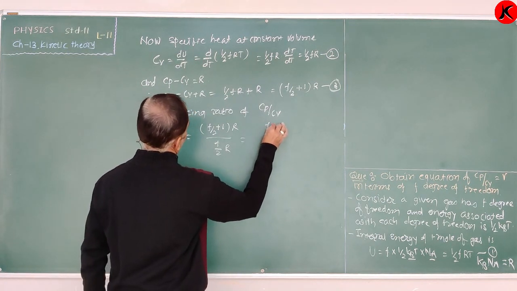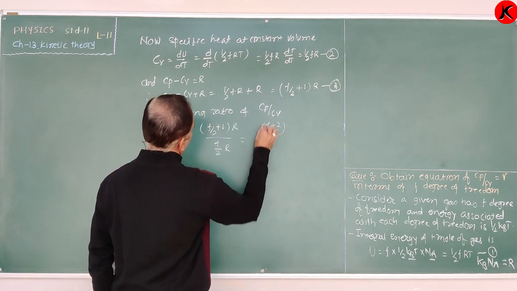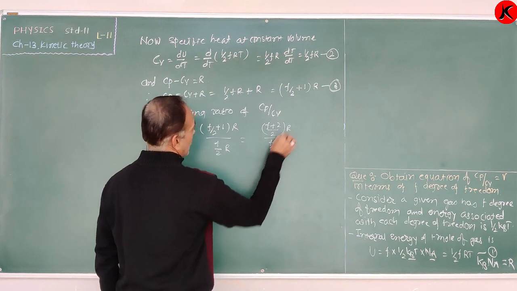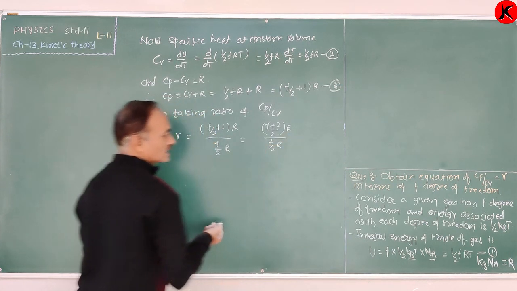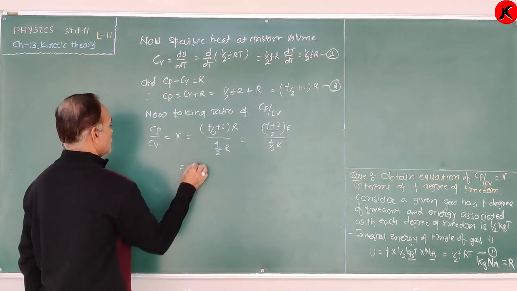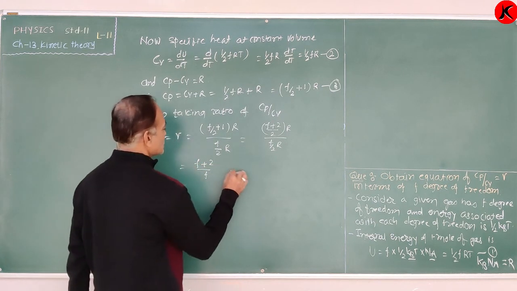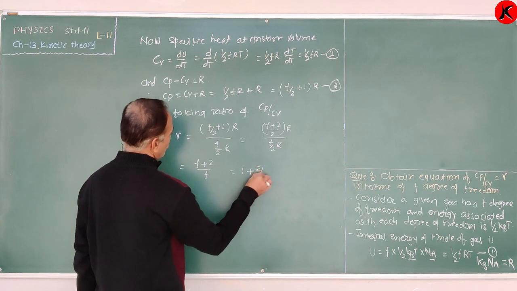Therefore, F plus 2 upon 2 into R upon F by 2 R. R by 2 cancel. Therefore, F plus 2 upon F. So it's equal to 1 plus 2 upon F.